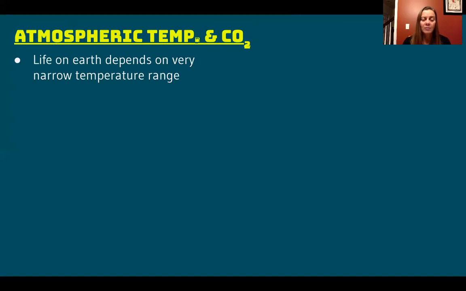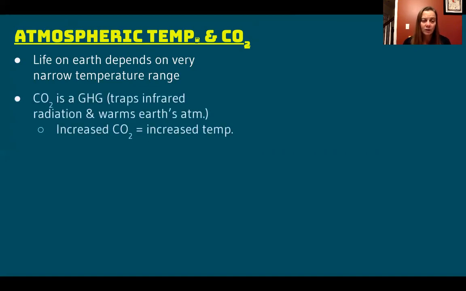So that's dependent, taking into consideration the fact that we depend on this very narrow temperature range. Carbon dioxide is a greenhouse gas. We know that it traps that infrared radiation, prevents it from escaping back into space, and it warms Earth's atmosphere. Increased carbon dioxide is going to result in increased temperature.